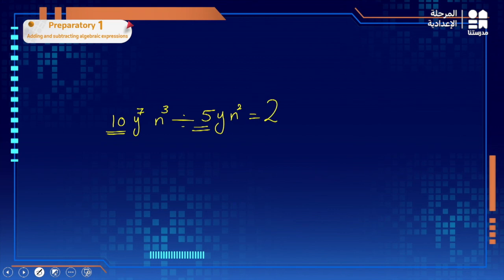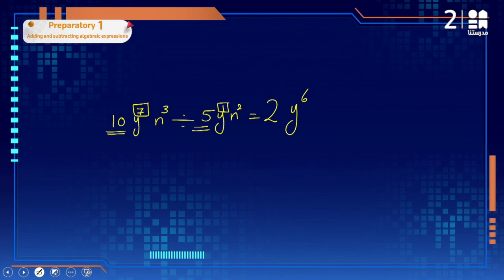In coefficients, we are going to divide them, but for the same variable, like this y, we are going to subtract the exponents. So y to the power of 7 divided by y to the power of 1 is y to the power of 7 minus 1, which is 6.